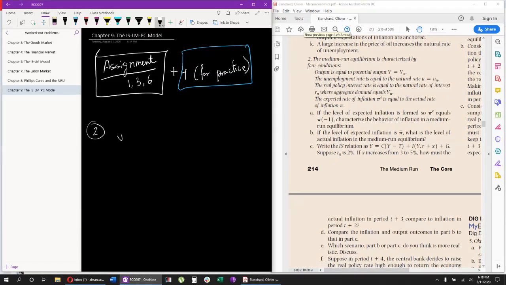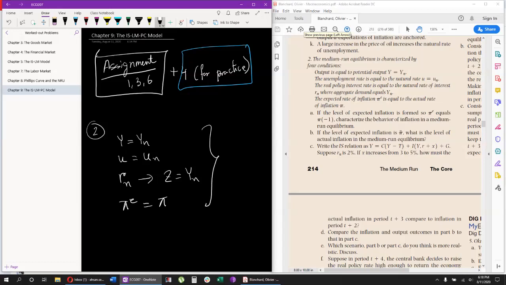The conditions are that output is equal to the natural rate of output, unemployment is equal to the natural rate of unemployment, the policy interest rate, Rn, is such that aggregate demand is equal to the natural rate of output, and expected inflation is equal to the actual inflation.